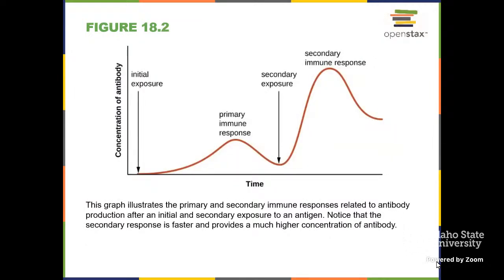This image is something that we're going to see again as we move through here and think about some details about immunity. It's kind of a generalization. We're looking at concentrations of antibody going up on the Y axis and a time frame, whatever it might be, going across the x-axis.